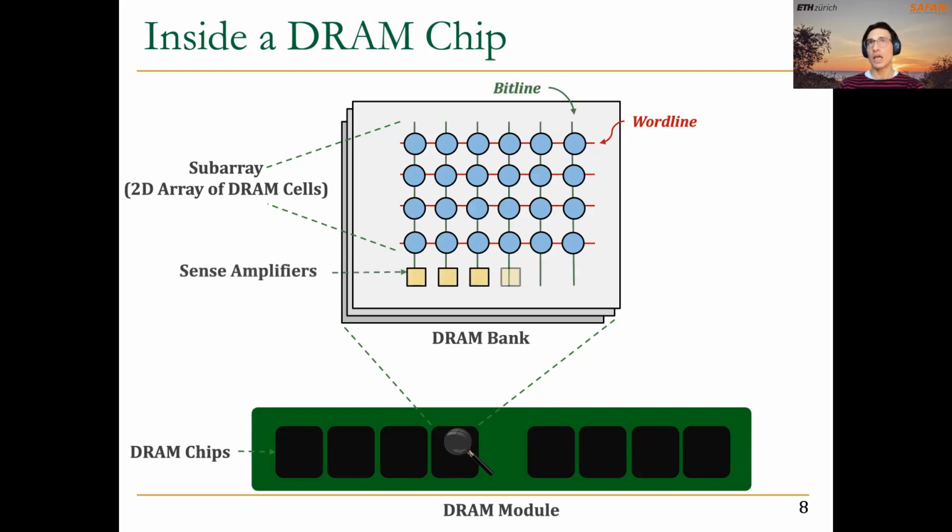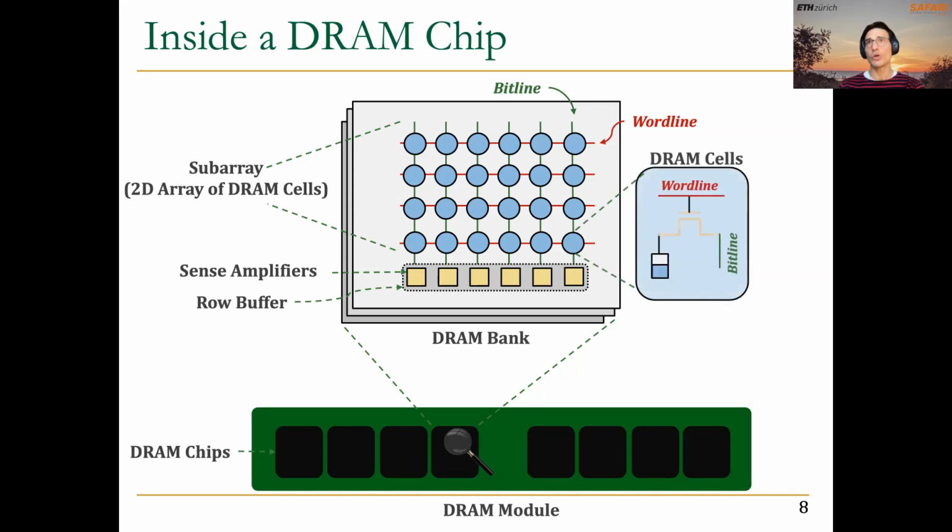At the bottom of each bit line, we have sense amplifiers that are used to amplify the values that we put in the bit line. All these sense amplifiers together, in each subarray, are what we call the local row buffer.